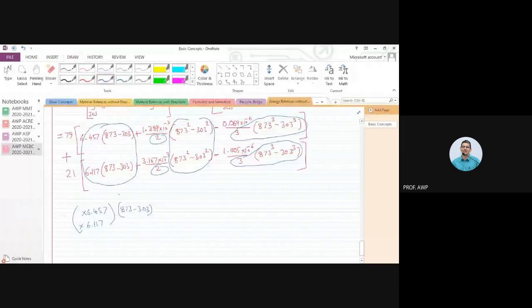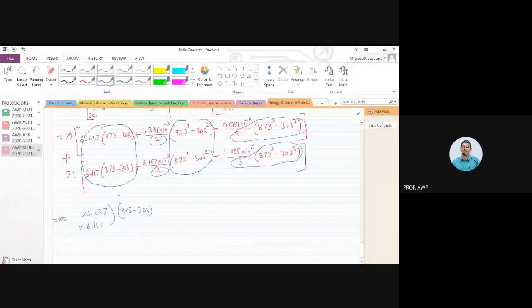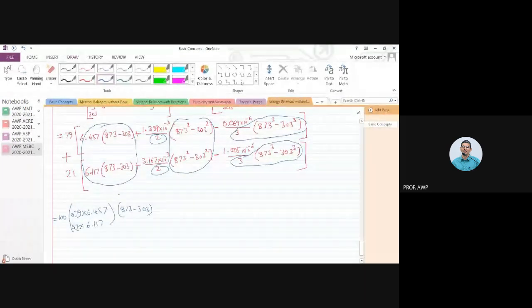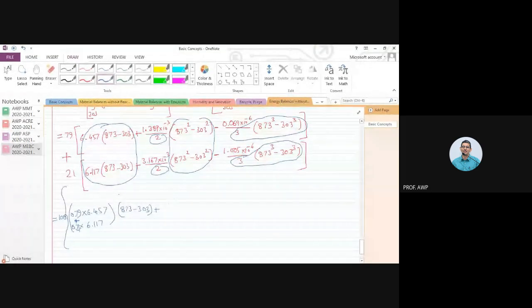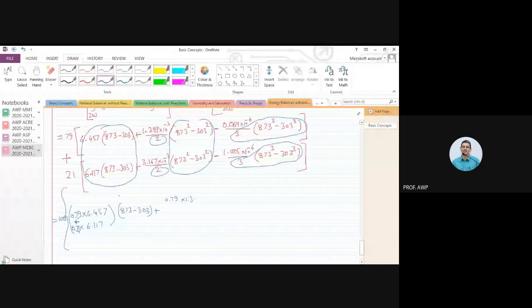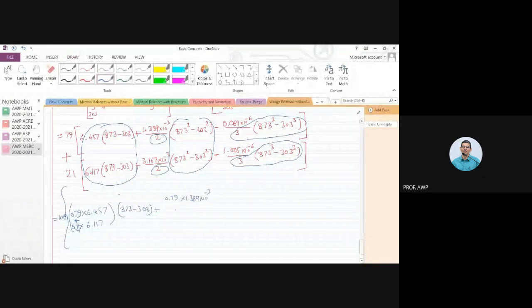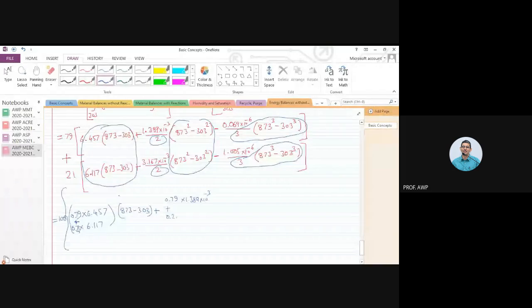You are saying this is 100 multiplied by 0.79 and 0.21 addition, and then you are taking 0.79 into 1.389 into 10 raised to minus 3 plus 0.21 into 3.167 into 10 raised to minus 3.